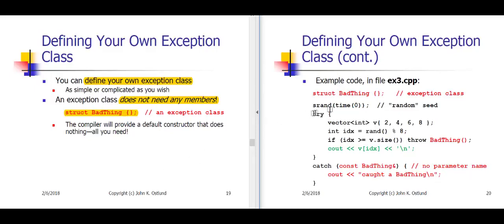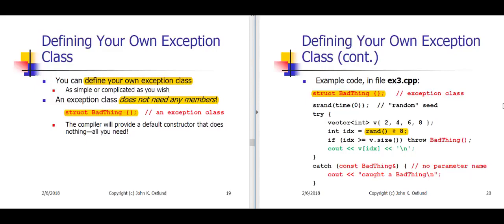And over here on slide 20, we have an illustration of how we might use this bad thing exception class. We've defined the class in our code above the place where we want to use the class. And here in this try block, we're once again selecting a random index between 0 and 7.